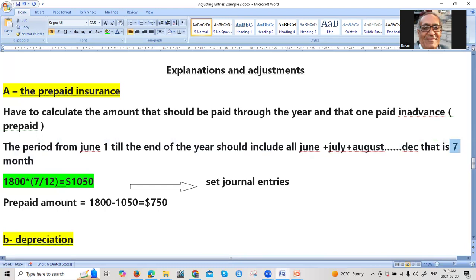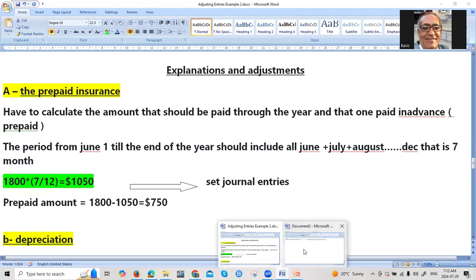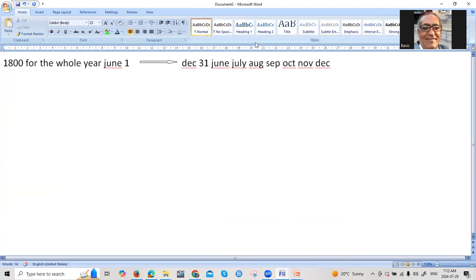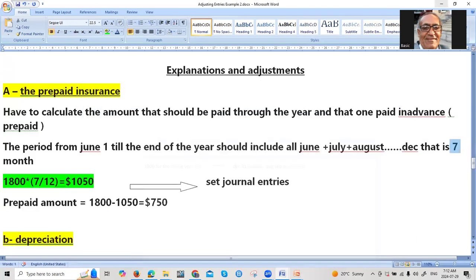We want to see what is deserved for this time, which is the basis for the year. And the rest will be prepaid, which means it will help in the next year.